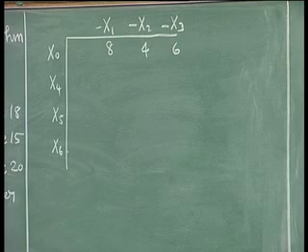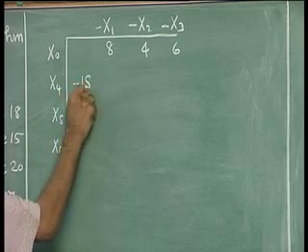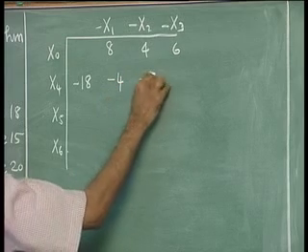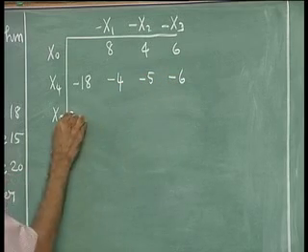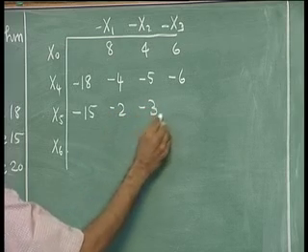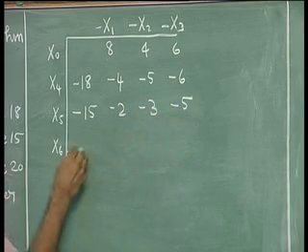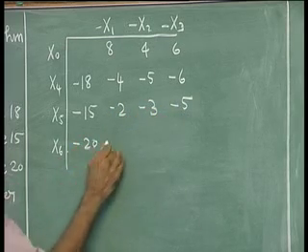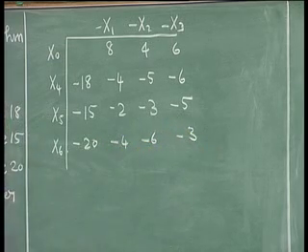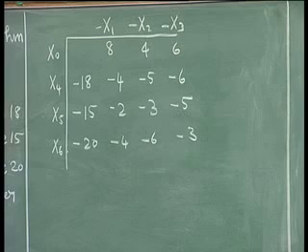Now this will become minus 18, minus 4, minus 5, minus 6, minus 15, minus 2, minus 3, minus 5 and minus 20, minus 4, minus 6 and minus 3. So when we write this in the standard form, this is what we get for the given problem.